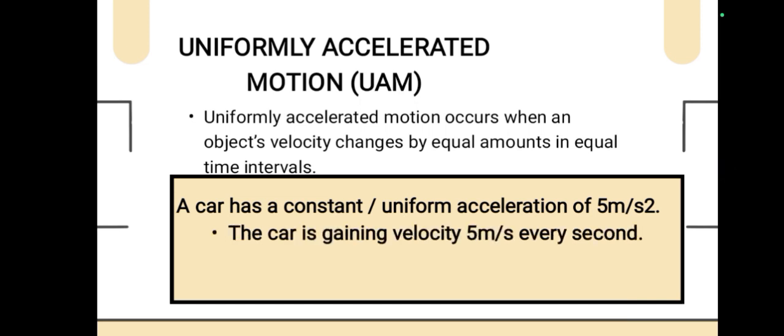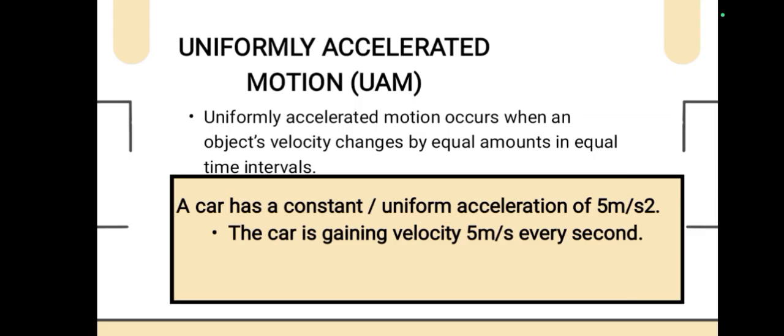It simply means that the car is gaining speed or velocity at the rate of 5 meters per second every second. So the uniform rate at which the car changes its velocity is 5 meters per second every second. So as time goes on, the car is increasing its speed uniformly.